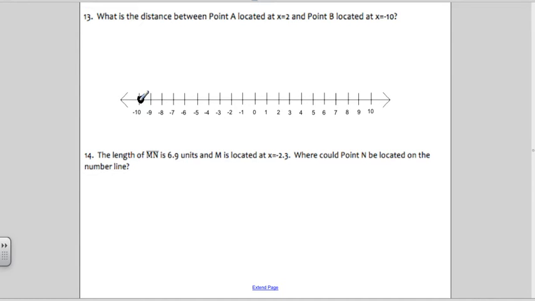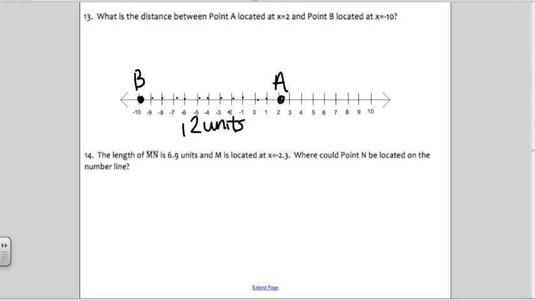So at -10 we have point B, and then at +2 we have point A. Now I'm going to show you both methods with this. So you could just count and you could go 1, 2, 3, 4, 5, 6, 7, 8, 9, 10, 11, 12. So we know our answer has to be 12 units.